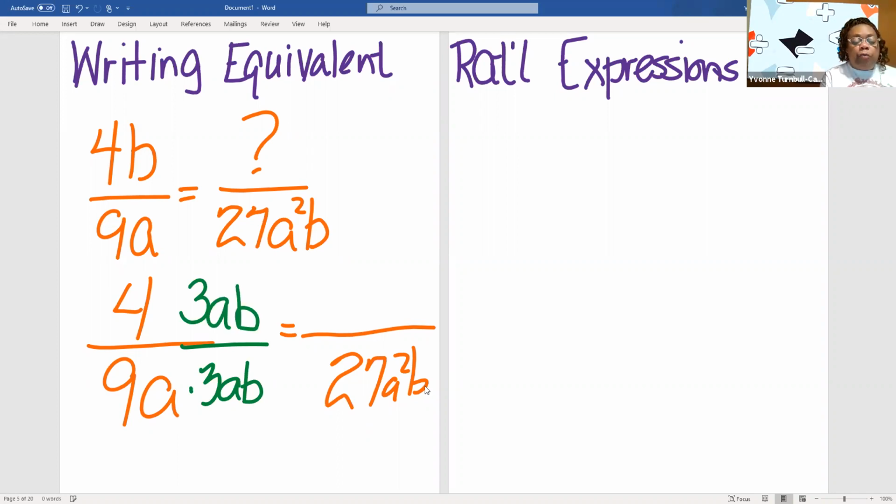Now we can get a new numerator. 4 times 3 is 12ab. So 4 over 9a is equivalent to 12ab over 27a squared b. Finding equivalent fractions, I worked on my denominator first because I need to find out what number I need to multiply both parts of the fraction by in order to get my equivalent fraction.